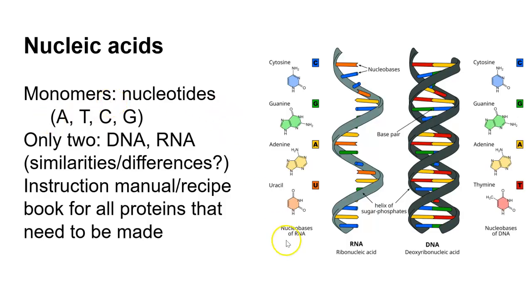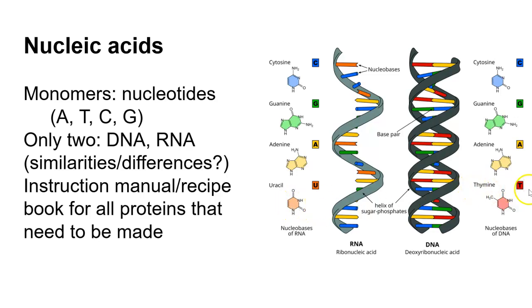And I forgot to mention uracil as a monomer here, but RNA uses cytosine, or C, guanine, G, adenine, A, and uracil, U, to make up this single helix. DNA uses cytosine, C, guanine, G, adenine, A, and thymine.